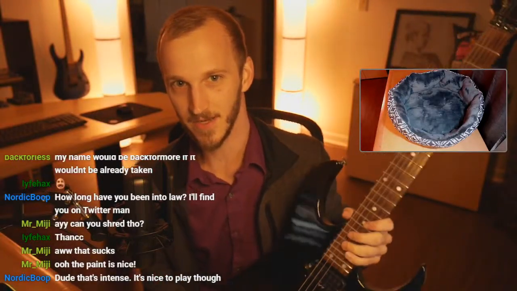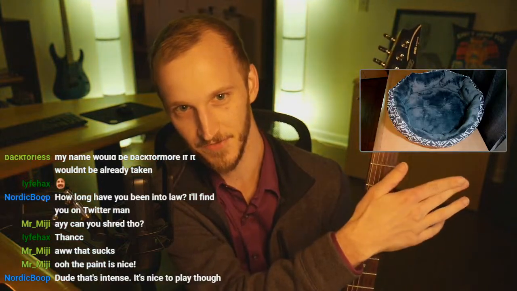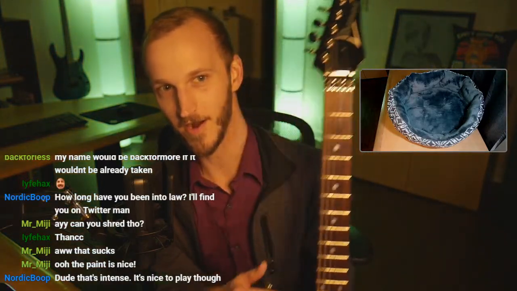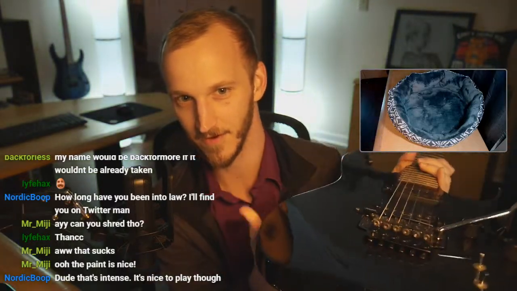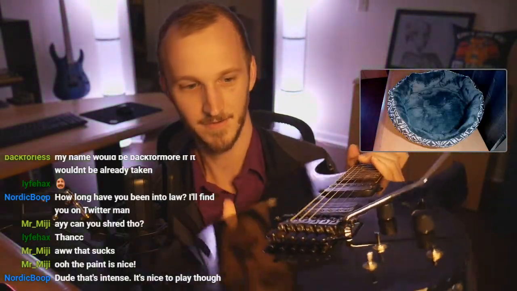Oh yeah, it's definitely nice to play. So this one is my broken string RG 420. This is the Roland one that I've had for years now.